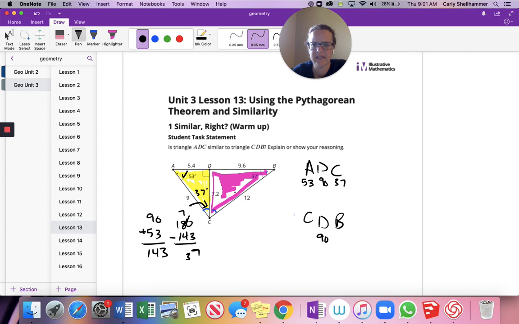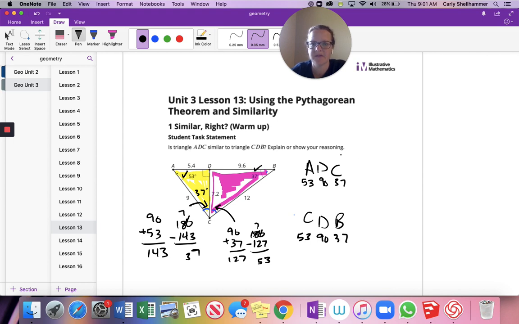Angle C is this one. I don't know what it is, but I know that 90 plus 37 is 127, and 180 minus 127 is 53. And then B is marked as 37.